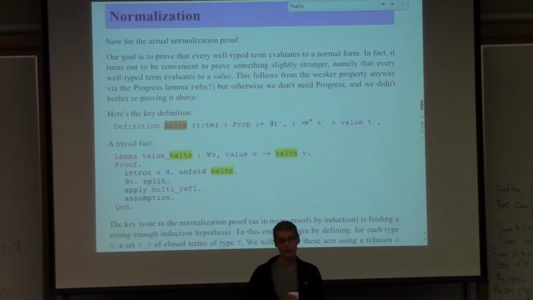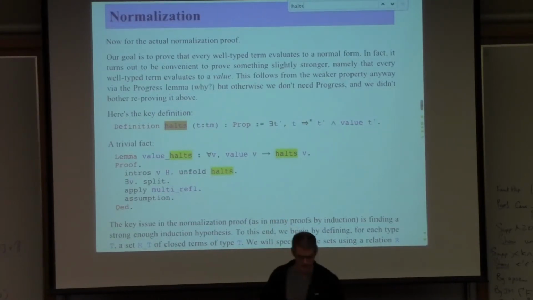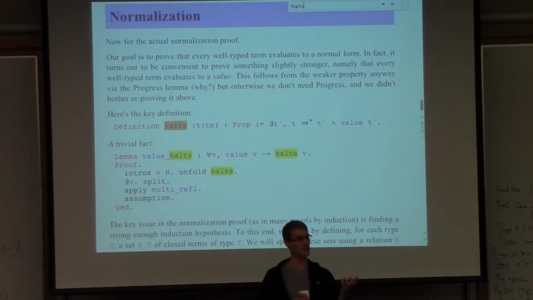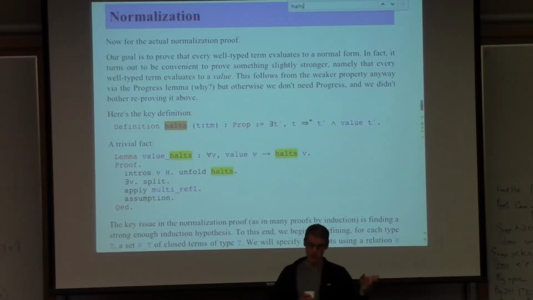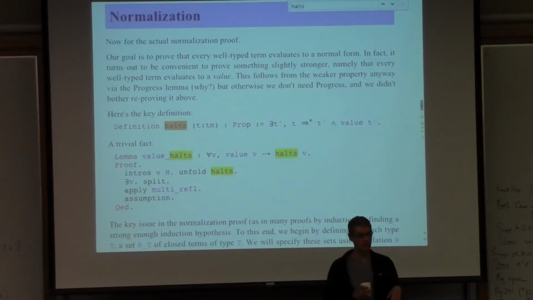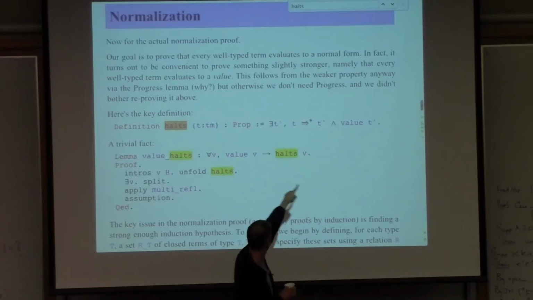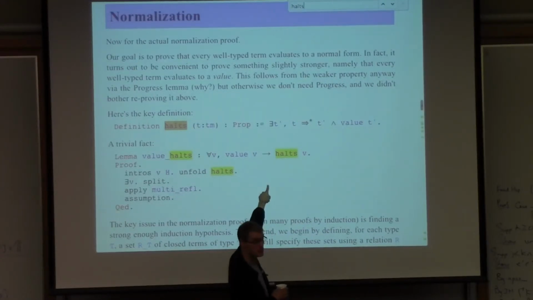Now, we're working in a constructive logic. So what is the computational content of that theorem? It says, if you give me a proof that this term halts, that is, you give me a proof that this term is well typed, you give me a typing derivation, I will give you a value of this type. What is this type?